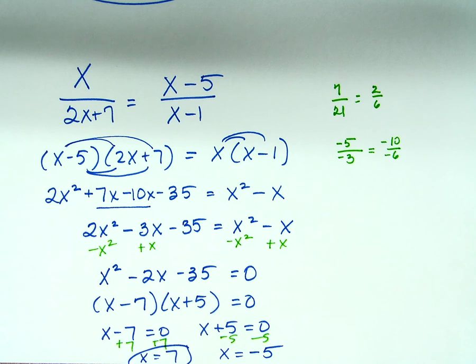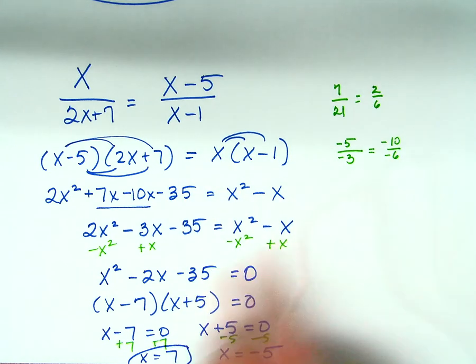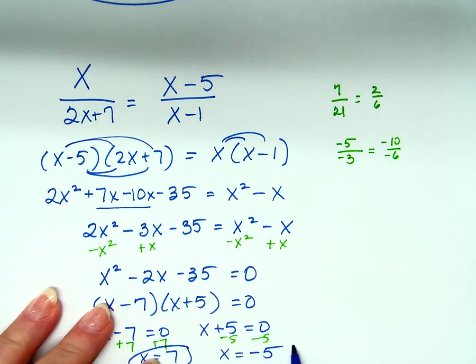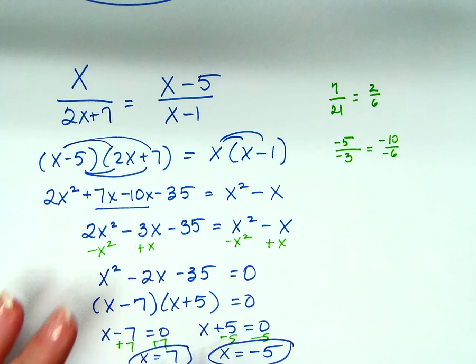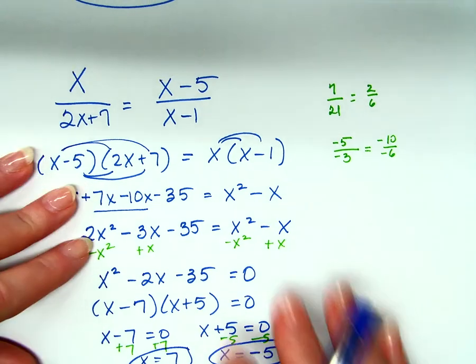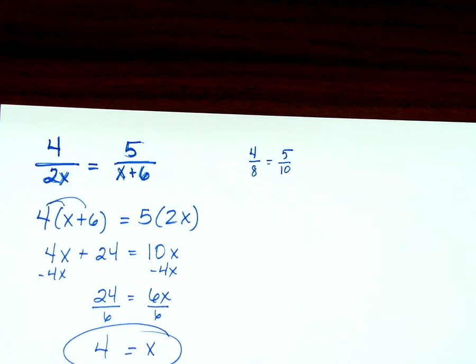Is that true? 5 over 3 equals 5 over 3, right? Okay. Or cross multiplying, 30 equals 30. That means negative 5 is also a correct answer, isn't it? All right. Any questions about those two problems? Good so far? Okay. Let's look at this problem right here.